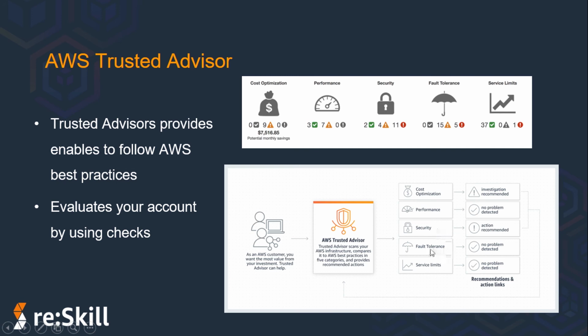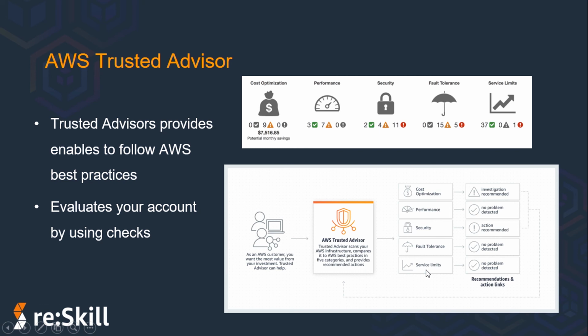Under fault tolerance, it can increase the availability of your AWS application by recommending you to take advantage of auto scaling, health checks, multi-AZ, regions and backup capabilities. Under service quotas, it will be telling you the maximum number of service resources or operations that apply to an account or to a region.